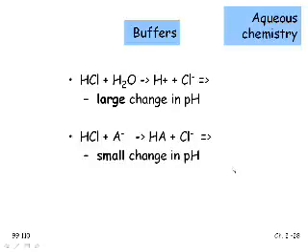The fact that weak acids and weak bases tend to dissociate but don't just fall apart allows us, and allows cells, more importantly, and organisms, to use these weak acids and bases to perform a very important function called buffering.